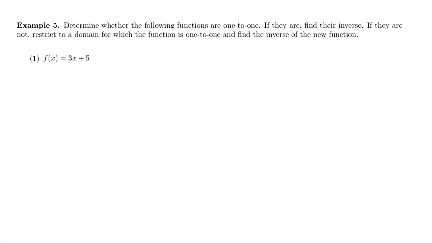To do that, we want to set f of x equal to f of z, not assuming that x and z are the same, and actually show that x has to equal z. So f of x is 3x plus 5, and f of z is 3z plus 5.